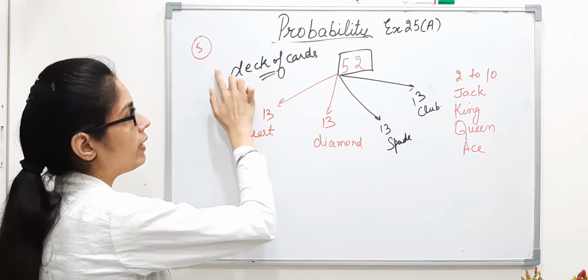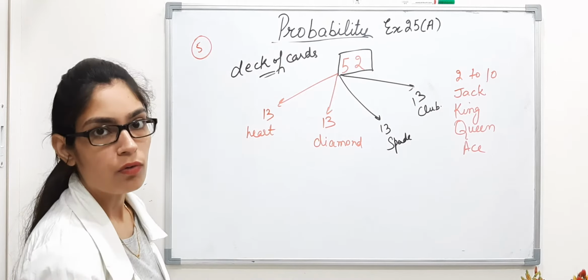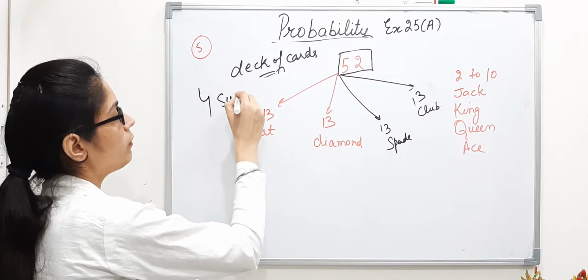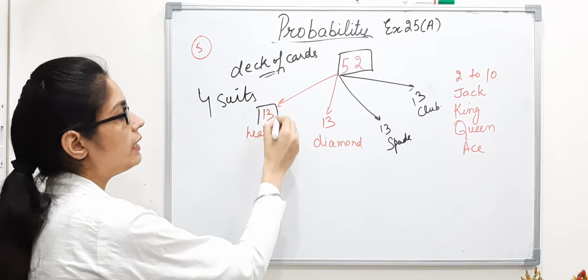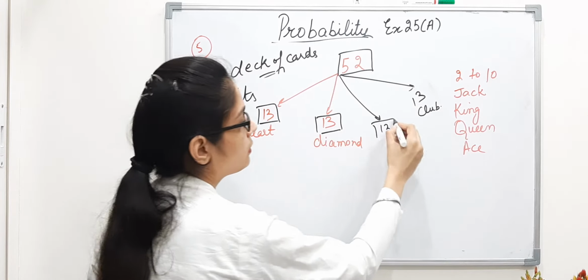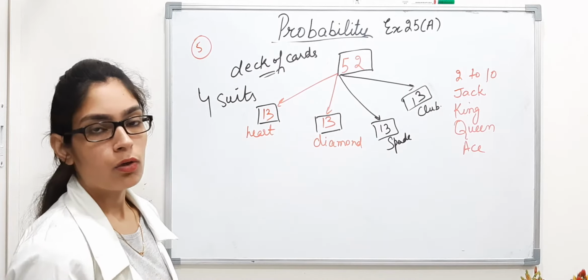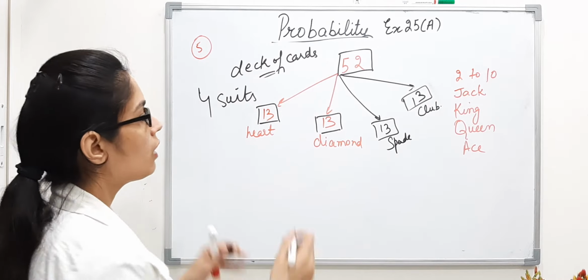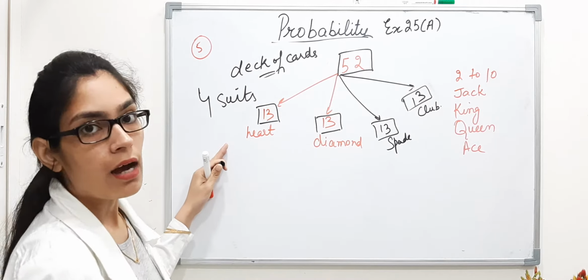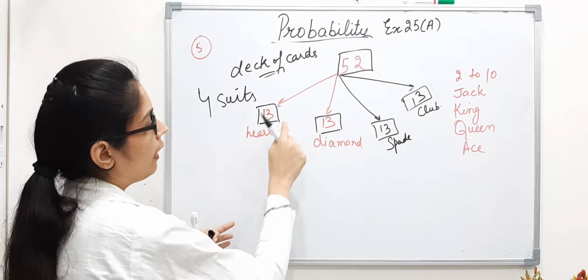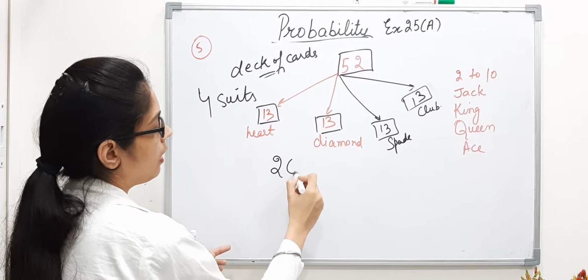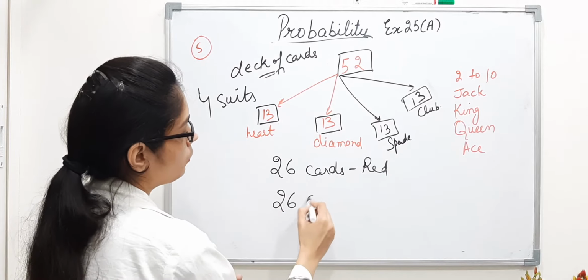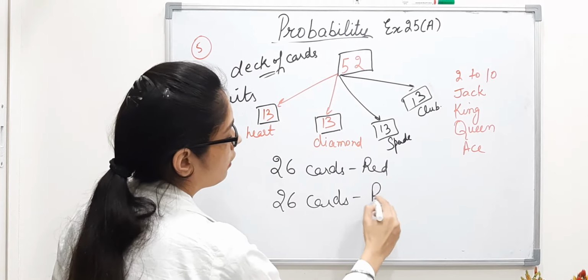A deck of cards consists of 52 cards. It is divided into 4 suits, each having 13 cards. And 26 cards will be of red color and 26 cards will be of black color.